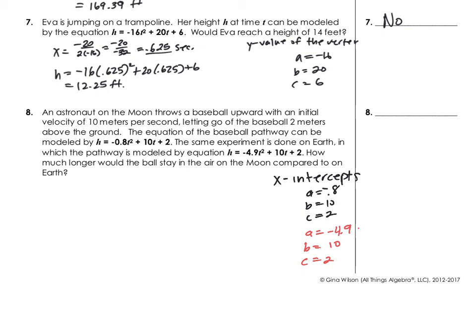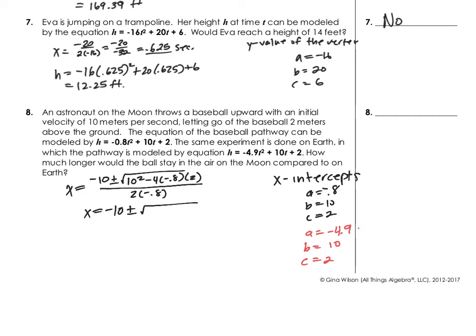So let's do the one on the moon first. So x equals negative b plus or minus the square root of b squared minus 4 times a times c, all over 2 times a. And we'll simplify the discriminant first. So 10 squared is 100. And then I'm just going to multiply.